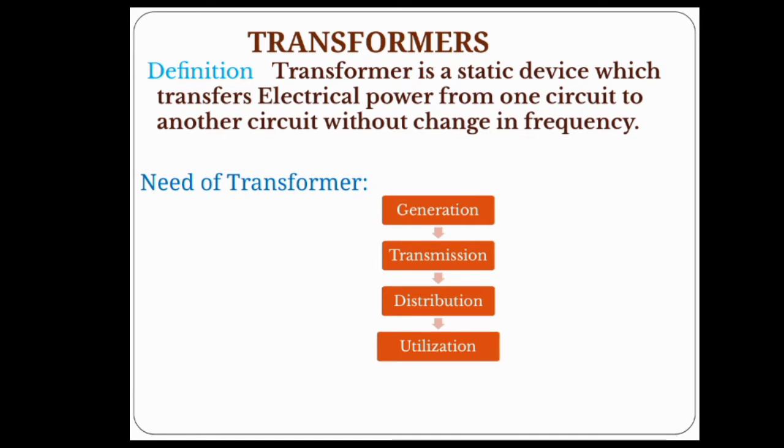I will explain the types of generating stations while discussing power systems. But that electrical power generated in the generating stations, and the generating stations are constructed far away from the load centers, to meet the desirable requirements of installation of those power plants.